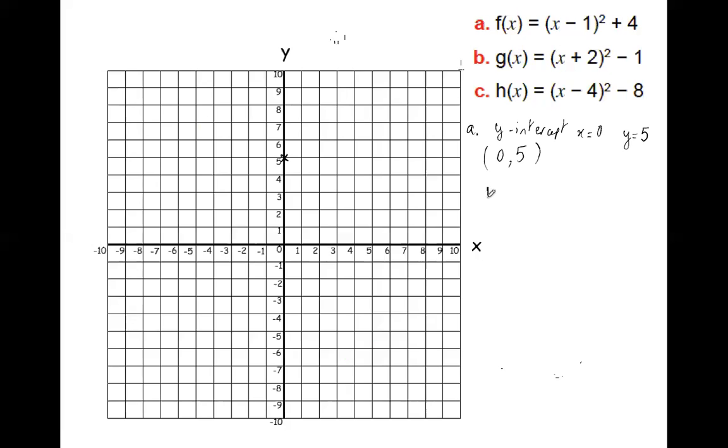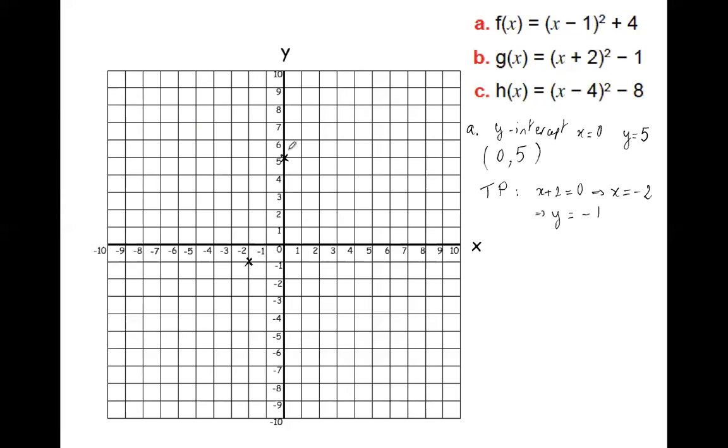Turning point, x plus 2 equals 0. x equals negative 2. And I've got y equals negative 1. So (negative 2, negative 1) is my turning point.